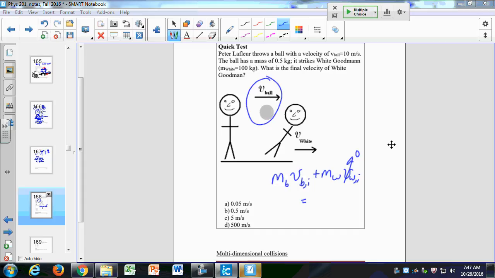And this has to equal the mass of the ball, velocity of the ball final, but this is equal to 0, plus the mass of White-Goodman, velocity of White-Goodman final. And so I get 0.5 times 10 equal to 100 times V White-Goodman final. And solving for that, I get 0.05. That's 5 divided by 100, which is 0.05.